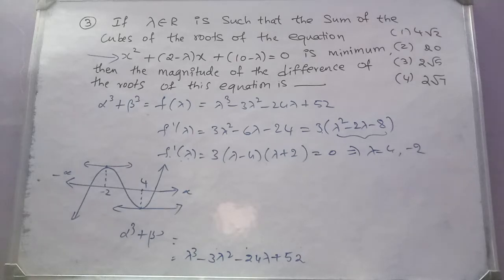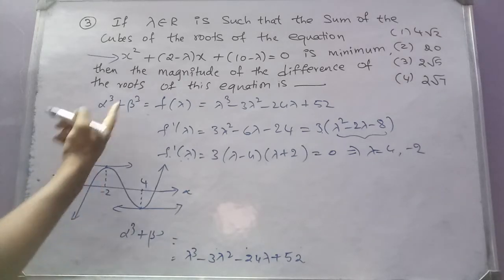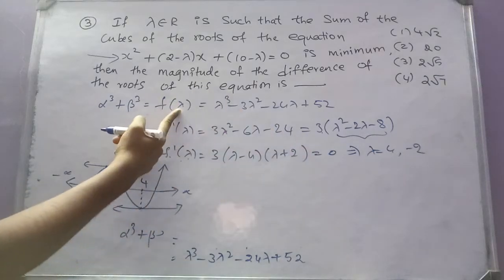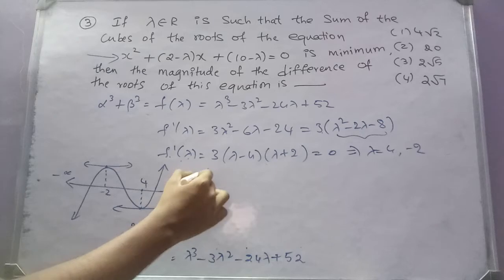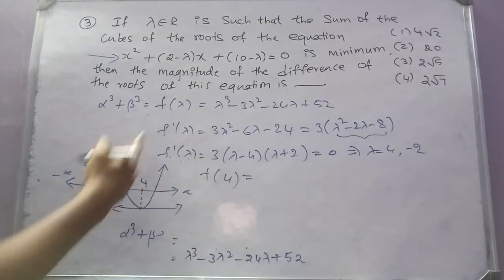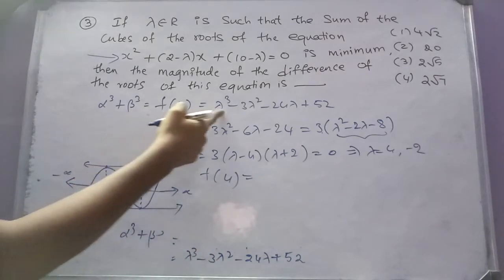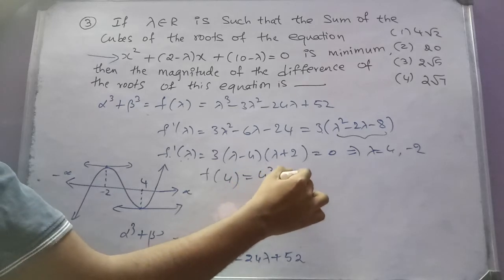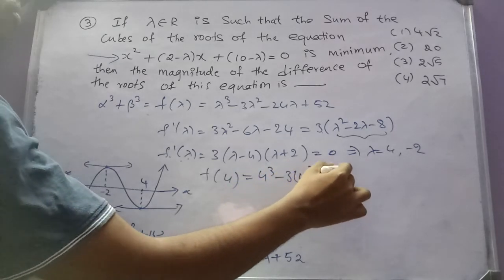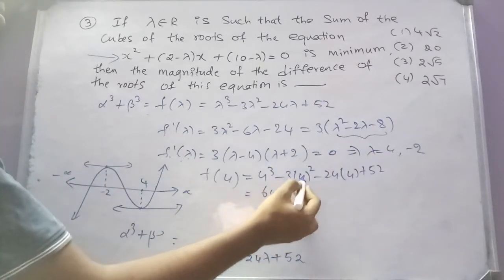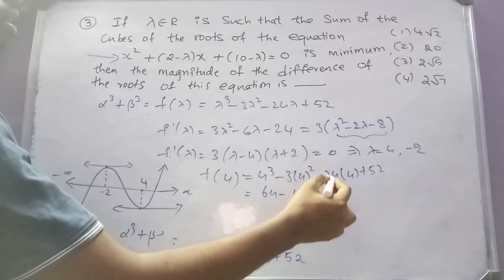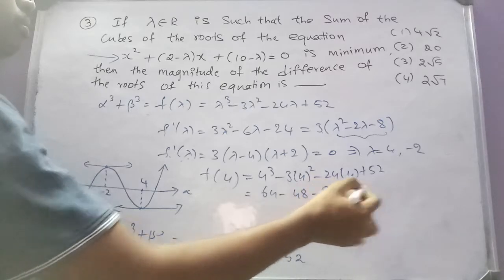Let us find out by substituting lambda as 4 in f of lambda and minus 2 in f of lambda. So let us find what is f of 4. First you find f of 4 by taking lambda as 4. So what do you get? 4 cube minus 3 into 4 square minus 24 into 4 plus 52. 4 cube is 64 minus 48 minus 96 plus 52.